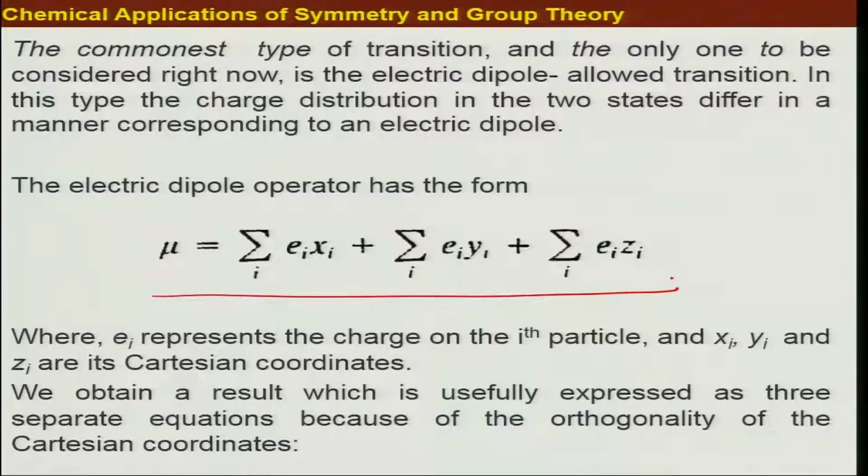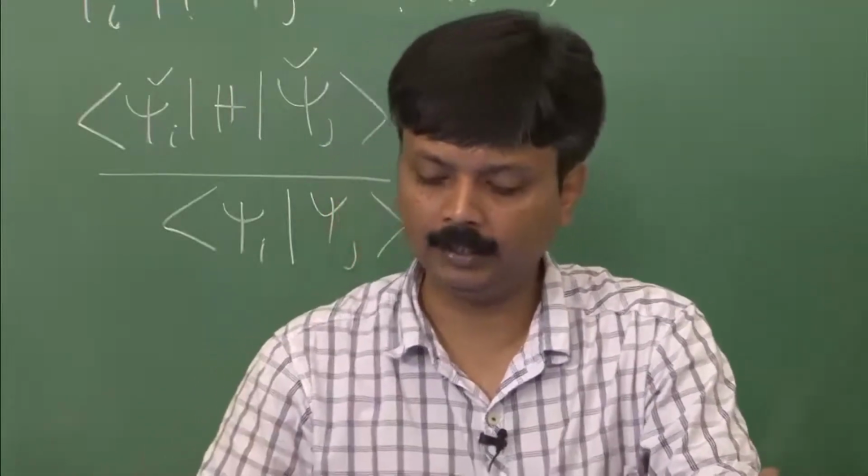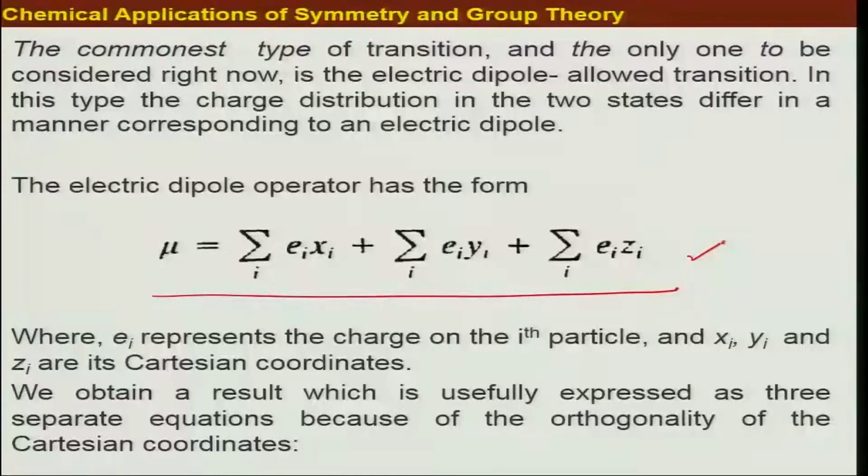Therefore, we can express mu as the sum of this charge-distance product in three different directions, x, y, and z, as given here. Okay. And we can have many particles in the system. So, for each particle I can have this charge-distance product for each coordinate, and then we sum it over all the particles. Okay. So, that is given here.